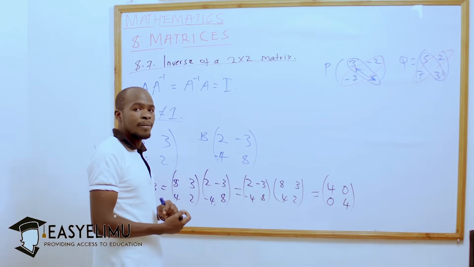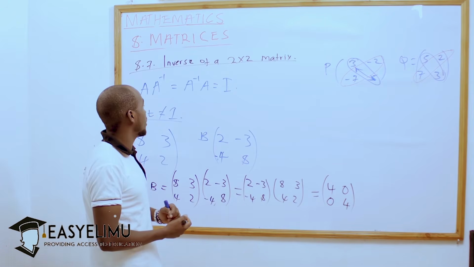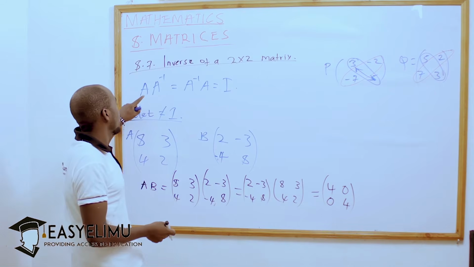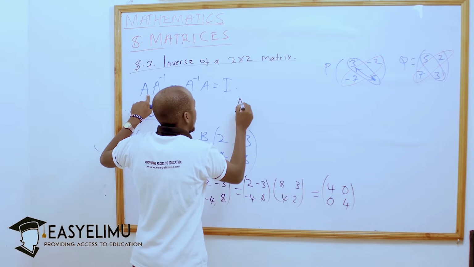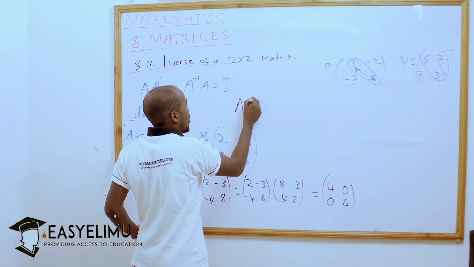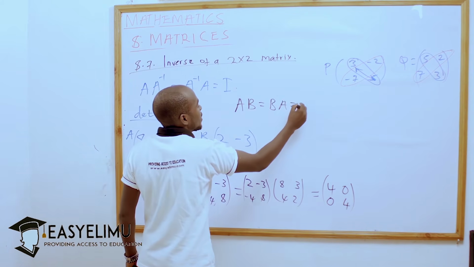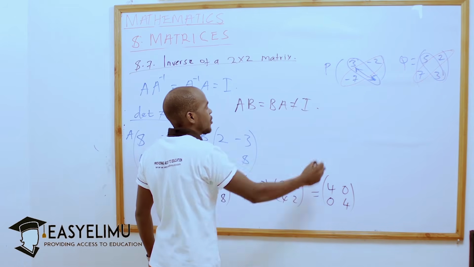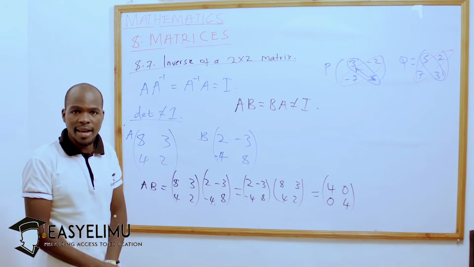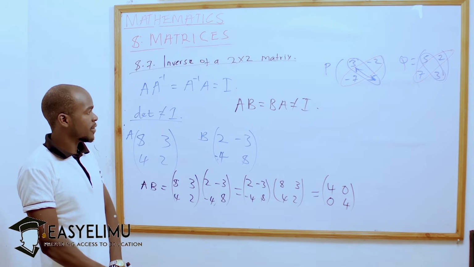But remember, we said an inverse of a matrix is whereby, for example here, AB is equal to BA, but this is not equal to the identity matrix. So we can say that is not the inverse of that matrix.